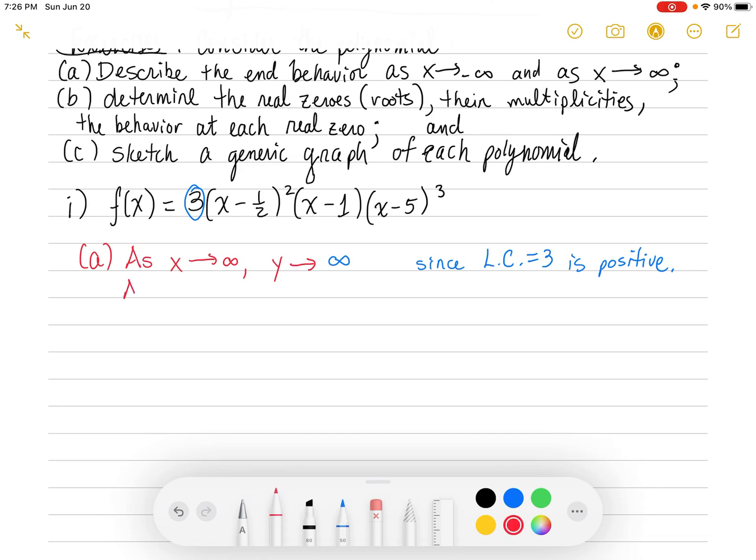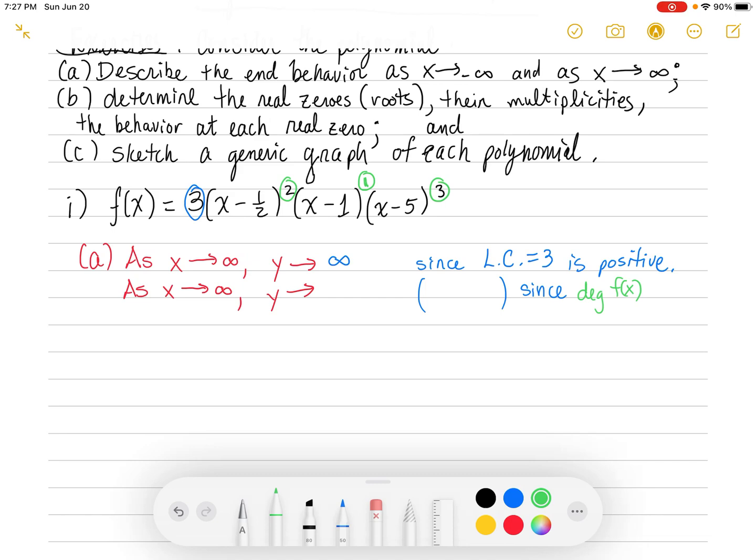Okay, now focus on the left side. As x goes to negative infinity, y does what? That's what we're going to figure out. Let's focus on the degree of the polynomial here. What's the degree? You're going to take the power of 2 here, the power of 1 here, and the power of 3 here, and add them together.